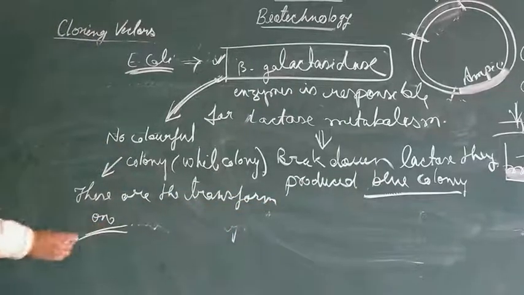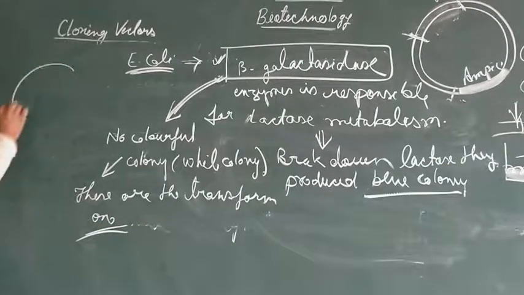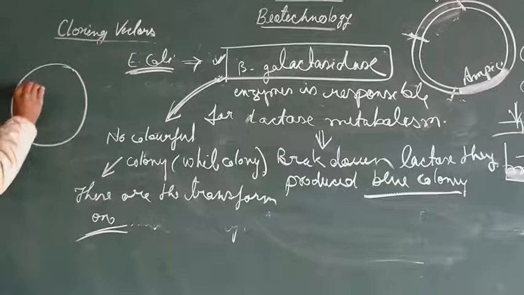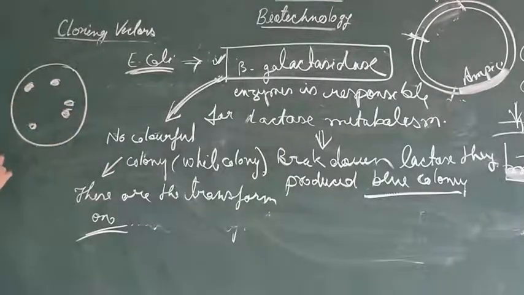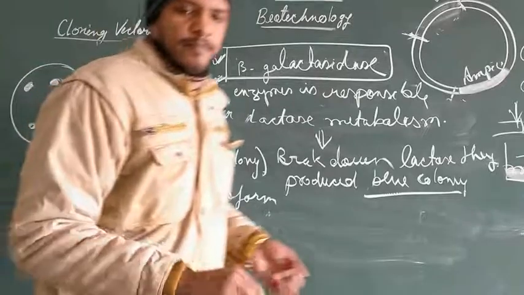In this way, in a single plating, we can easily identify. Suppose you get white colony, and suppose you get blue colony.